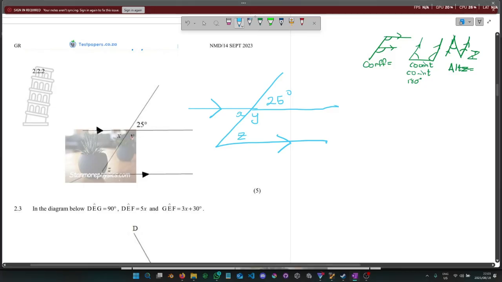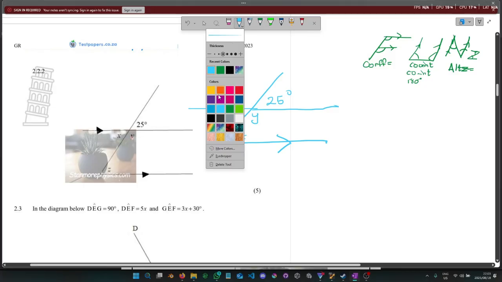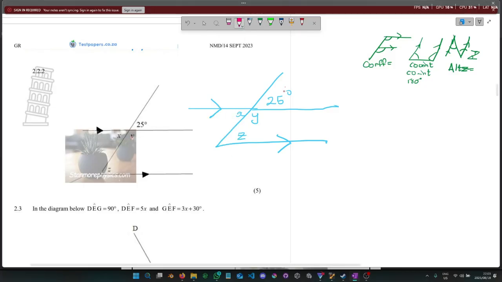So let's see if we can do the first one, right? This one and this one are parallel. Is there an F we can make? Well, let's see. We can't make an F this way. We can make an F this way though, right?